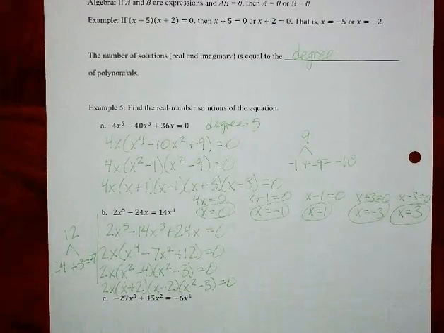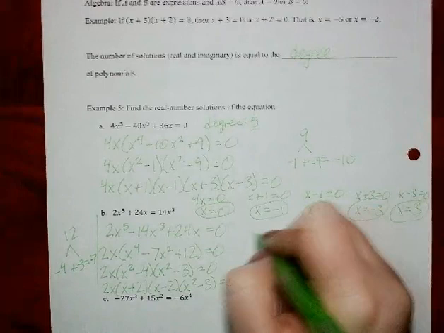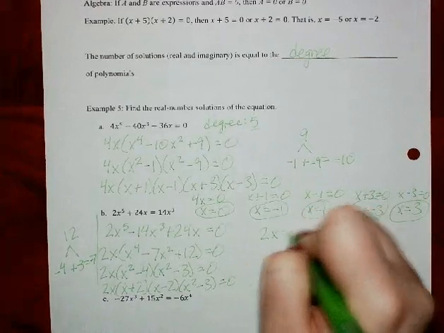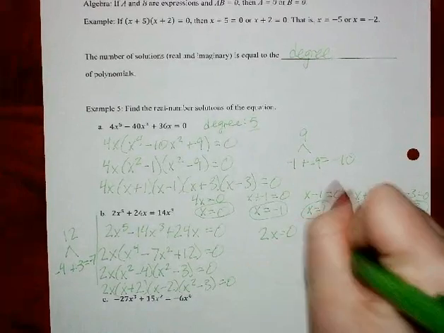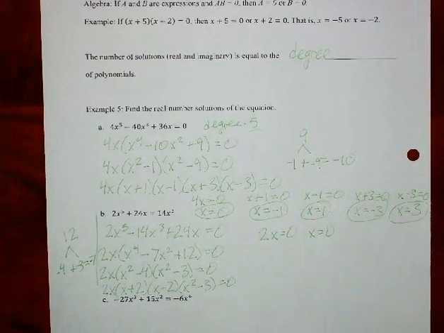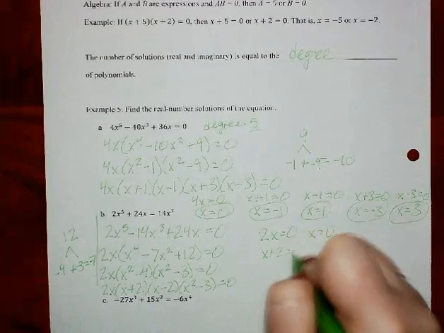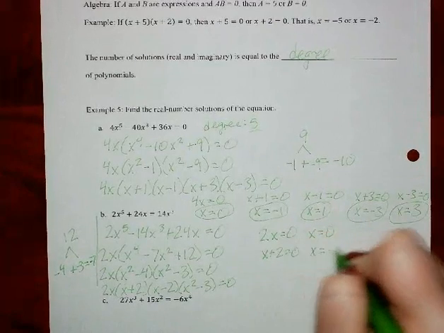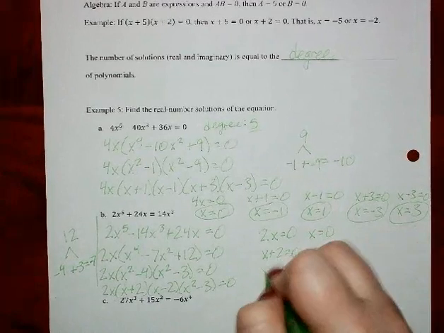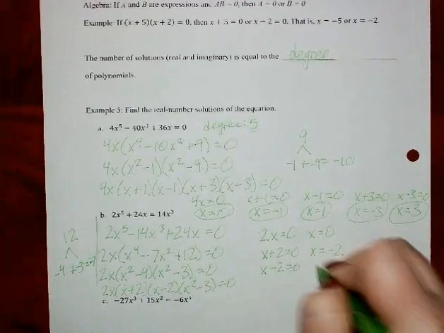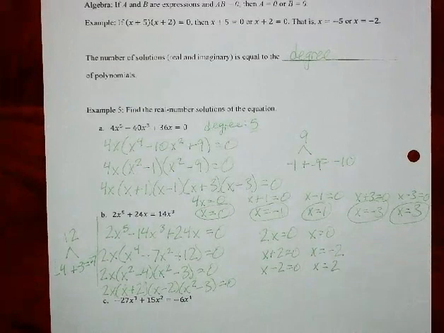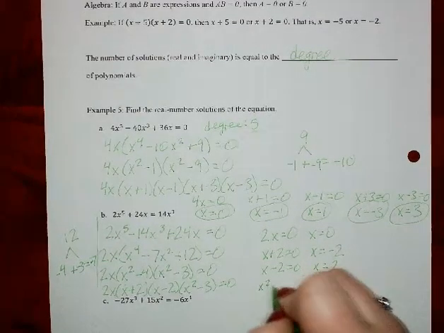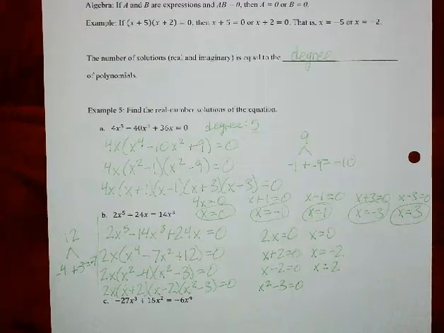So now when we set each equal to 0 and solve for x, 2x equals 0 means that x is equal to 0. X plus 2 is equal to 0 means that x equals negative 2. X minus 2 equals 0 means that x is positive 2. And now x squared minus 3 equals 0 is a little bit trickier.